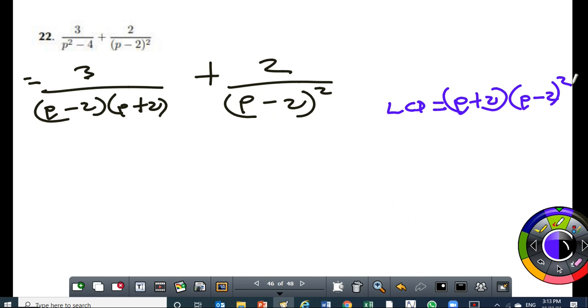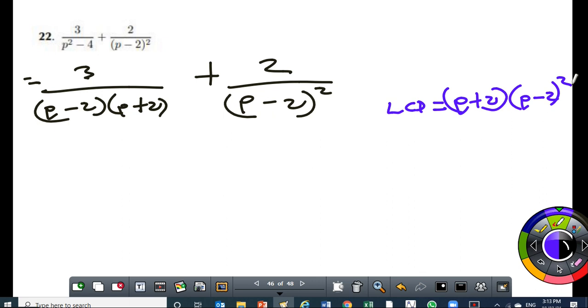Therefore, the one with the largest exponent among the two, that is p minus 2 all squared, becomes the LCM or the LCD. Okay, let's carry on. So that's how you get it. This p plus 2 here, you can treat it as if there's a 1 here. So 1 times that p plus 2 will give you that p plus 2. You multiply those two, you get your LCD.